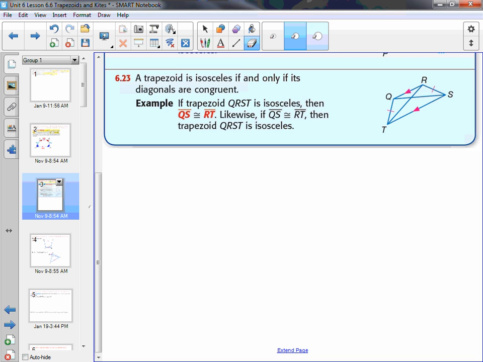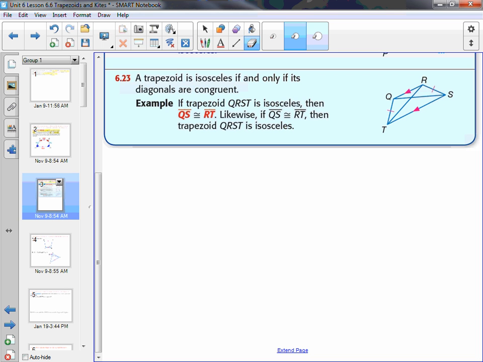Now you may feel like this goes against something you've already learned. Didn't we say something similar about rectangles? Rectangles are the only kind of parallelogram where the diagonals are congruent. See, this doesn't contradict that, does it?